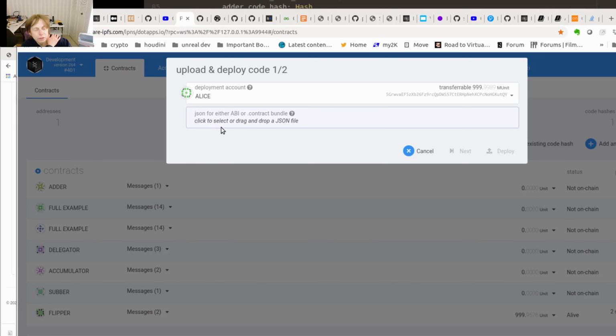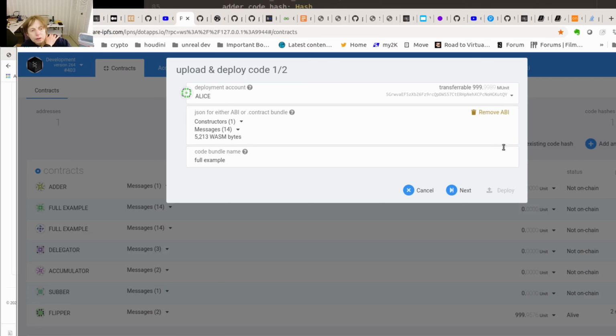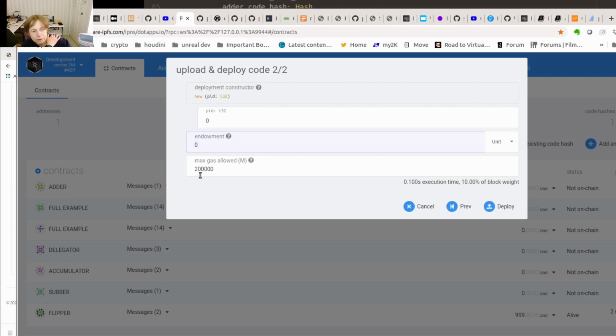Okay, so let's look at, we're deploying the full example Solidity that was converted to a contract. Now when we go to next, you see it asks for gas, and it asks for the endowment, which I don't yet understand what endowment is versus gas, but this is what you have to give it.